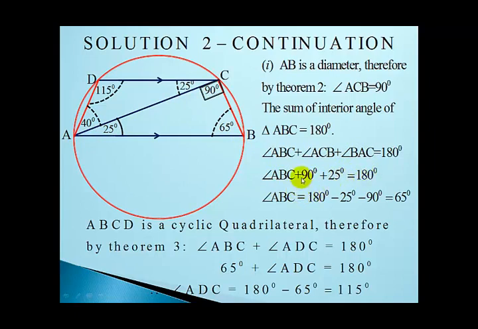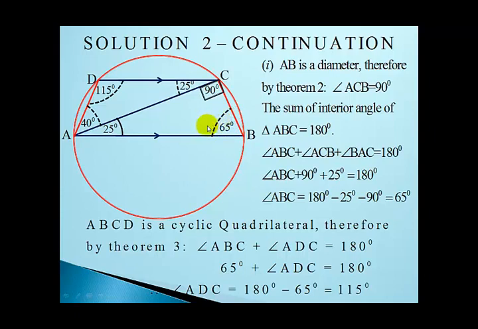Plus 90 becomes minus 90 on the right hand side, and plus 25 degrees also becomes minus 25 degrees. And so the angle ABC will be equal to 180 degrees minus 25 degrees minus 90 degrees, and this is equal to 65 degrees. That is how we had the angle 65 degrees at B.